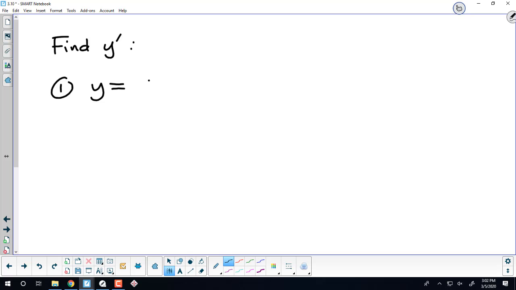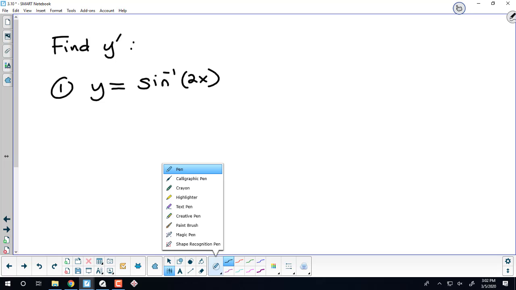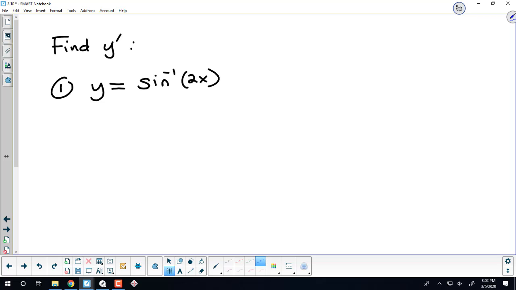So let's say y was the inverse sine of 2x. The derivative then says that we have to do 1 over the square root of 1 minus the argument squared times the derivative of the argument.